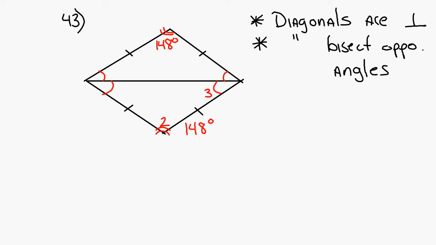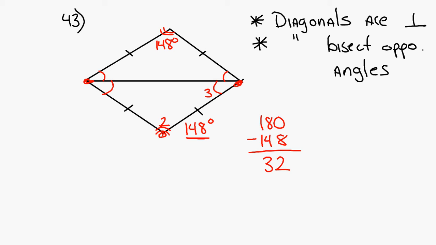Now, since you've got an isosceles triangle down here, if you take 180 and you subtract the 148, we're going to see how many degrees you got left. So 180 minus 148 is 32 degrees. In this bottom triangle, once you subtract this 148 degree angle, you've got 32 degrees left for angle 3 and this angle over here.